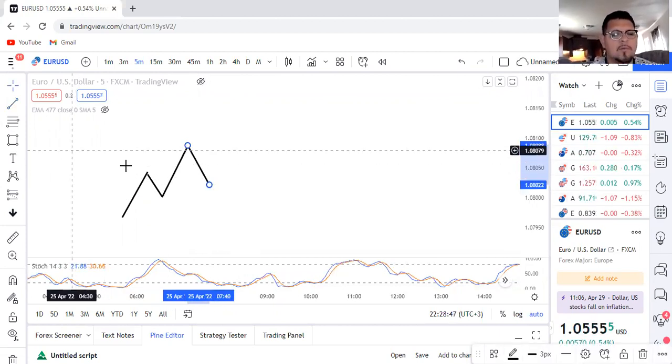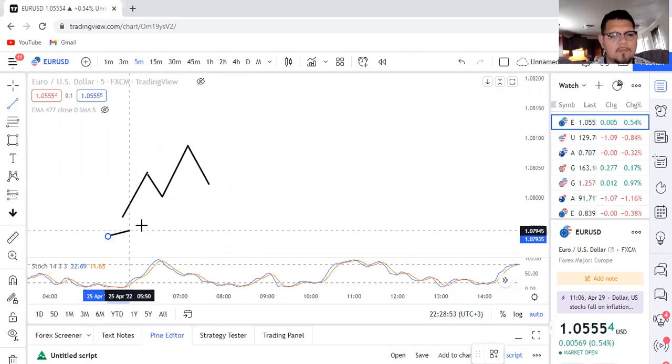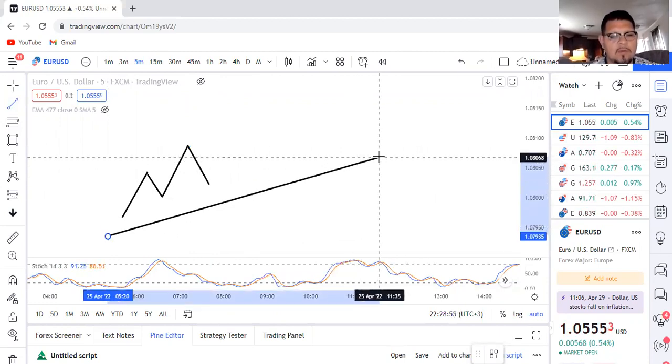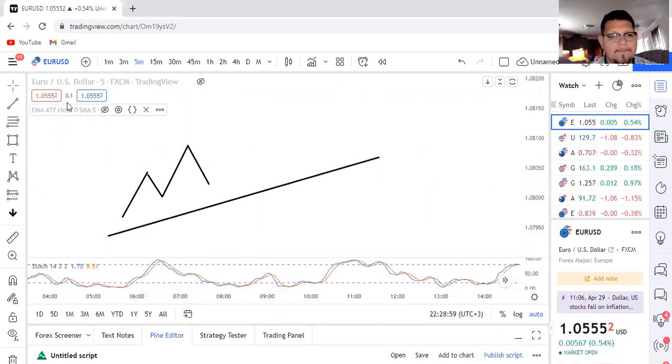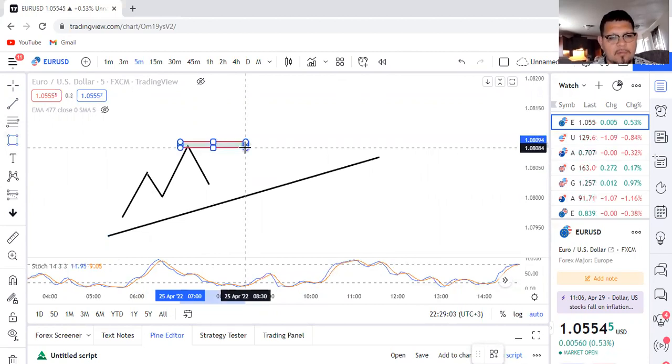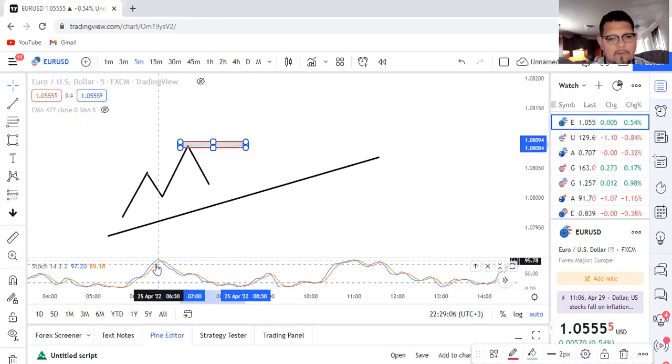Okay, and this is where the 477 comes in handy, right? If we're going up, and if price is above the 477, we know that price had already made a high, right? And we're gonna act like this is a 15-minute time frame.